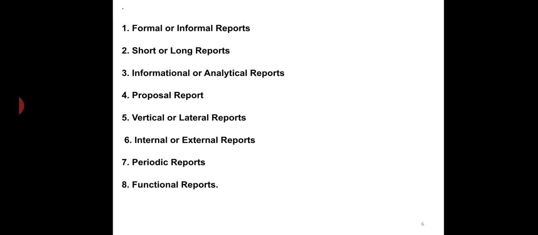And the next one is internal or external report. Internal report is nothing but this kind of report that circulates within the organization, within the department, everything.